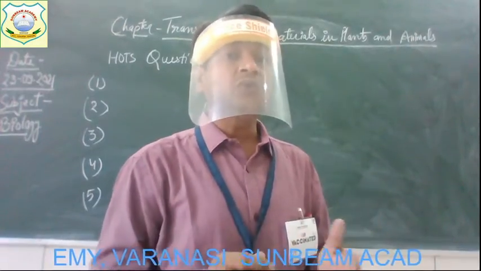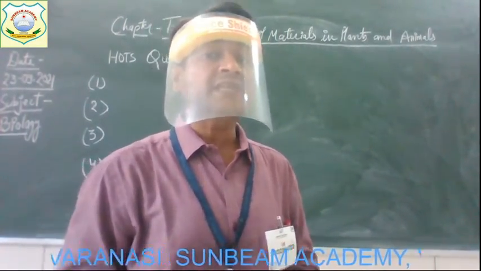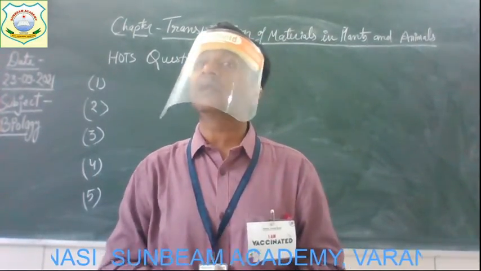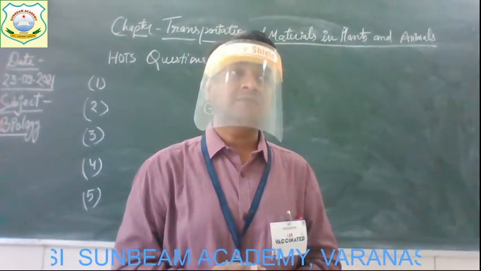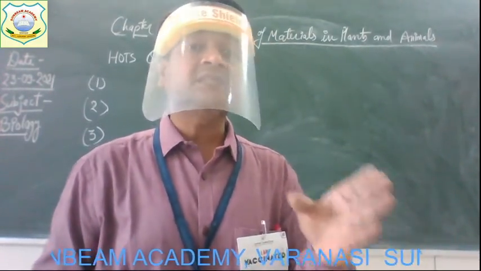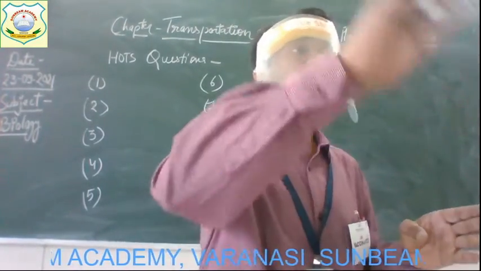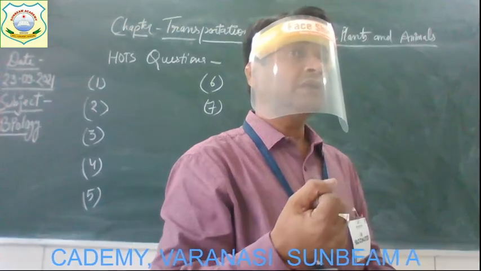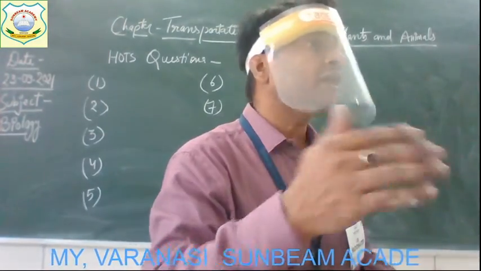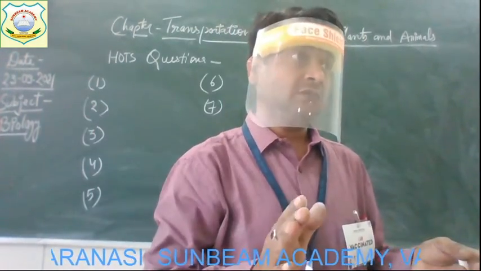So why do you think these thick muscular walls are necessary in the ventricles and not in the auricles? What is the reason? Children, the reason is very simple. The auricles only receive the blood. They do not pump the blood. At the time of receiving the blood, the pressure is less. So that is why their walls are thin.